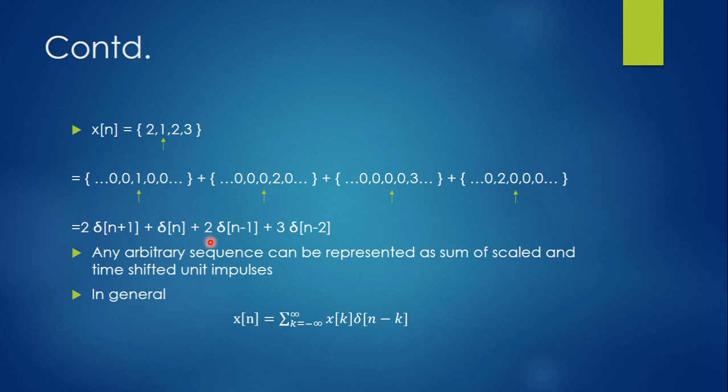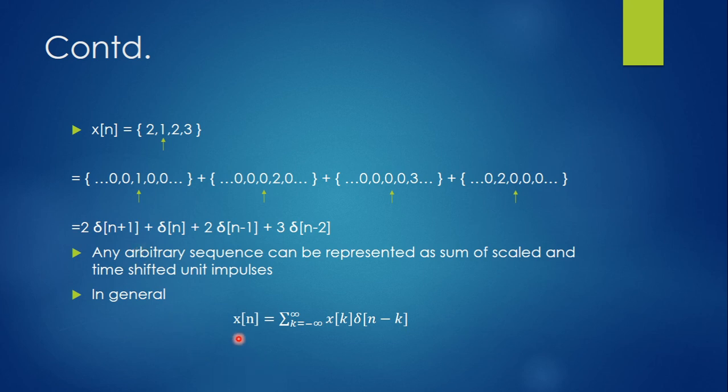That's why it is multiplied by 2. Similarly, delta n minus 2, it is x[2]. x[2] in this case is 3. It is multiplied by 3. If k is minus 1, that is n plus 1, then it is multiplied by x[-1]. x[-1] in this case is 2. That's why it is multiplied by 2.